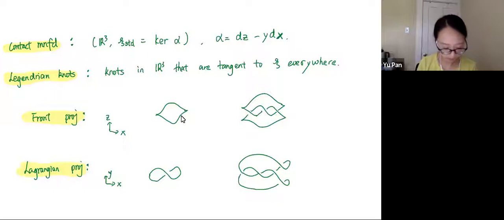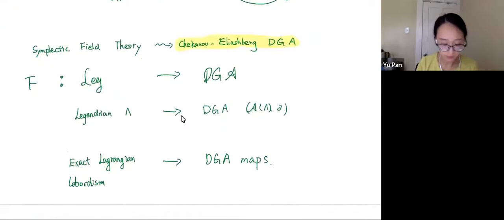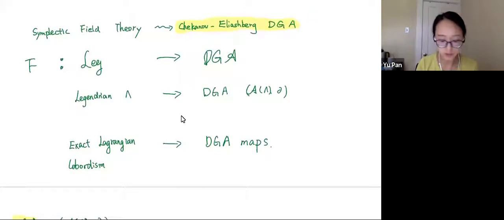All right, cool. Next, we're going to talk about a powerful invariant called the Chekhanov-Eliashberg DGA that comes from symplectic field theory. This DGA has a very good structure. Basically, we get a functor from the category of Lagrangians to the category of DGAs.